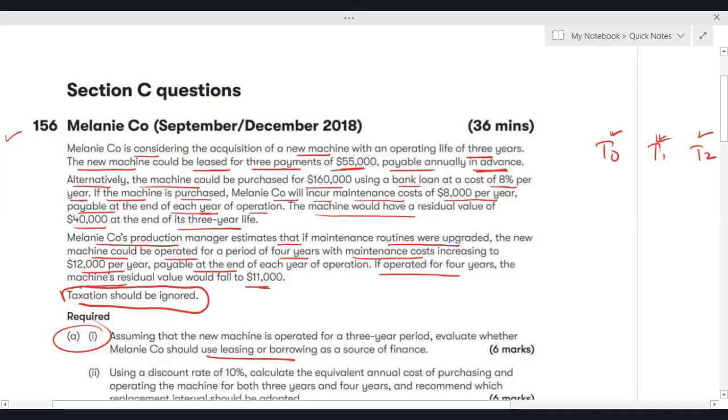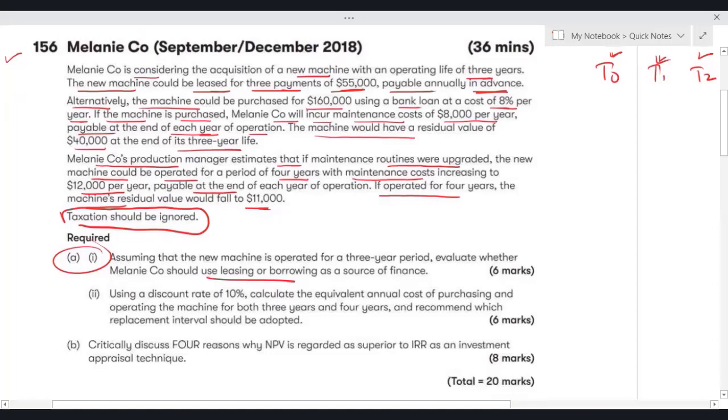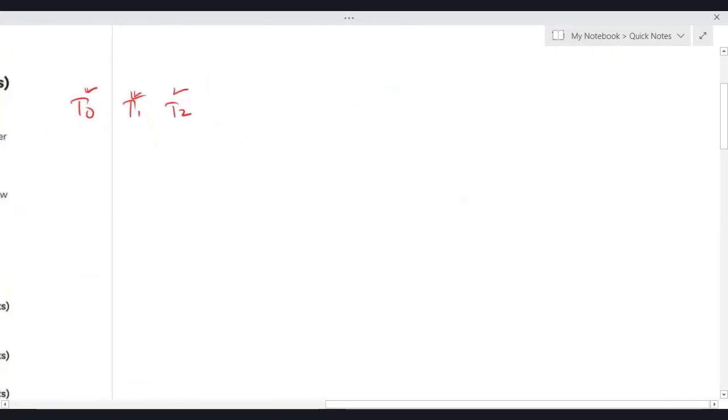It means in case of borrowing and buying the project, there will be no tax saving from capital allowances, because there is no tax. But right now we are just solving A1. It says assuming that the new machine is operated for 3 years, just for 3 years. So it should be very simple.